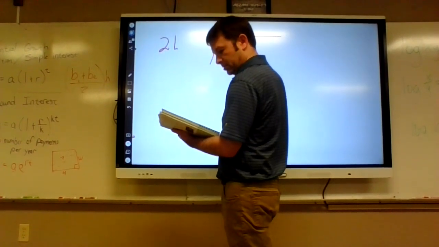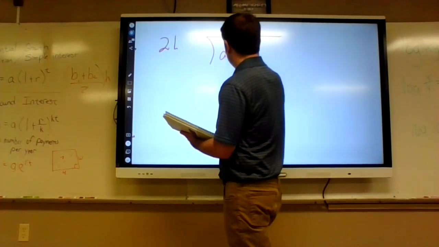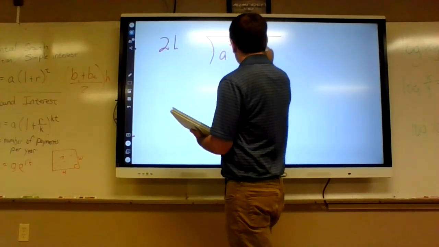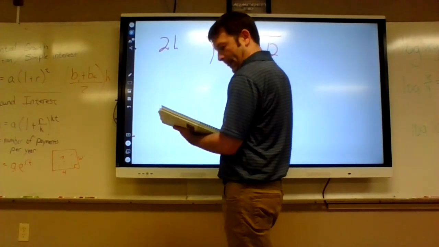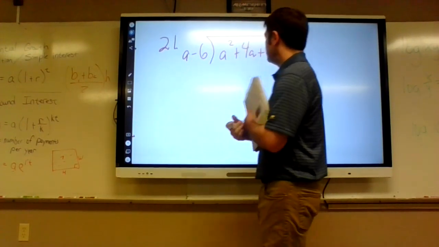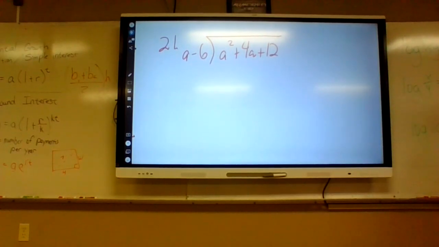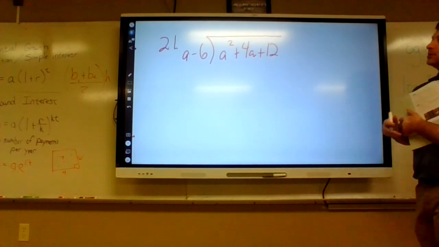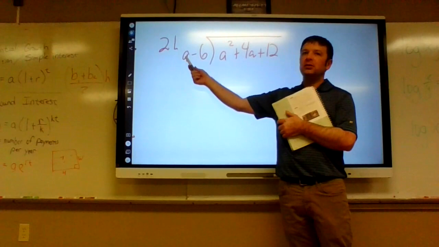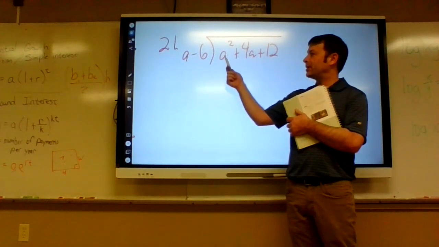a squared plus 4a plus 12 divided by a minus 6. So, you guys tell me, what was the first question I asked? I said a times what equals a squared?